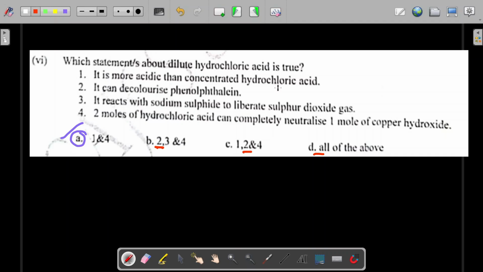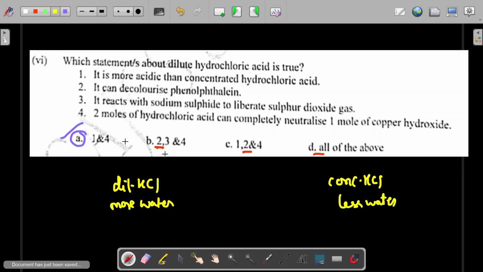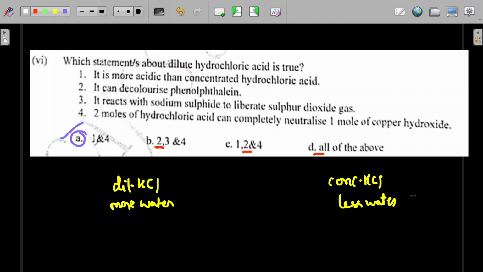It is more acidic than conc hydrochloric acid. See, dilute means you will have more water, and concentrated HCl means less water. Even though you have more HCl in concentrated solution, you will have fewer H3O+ ions because water is less.